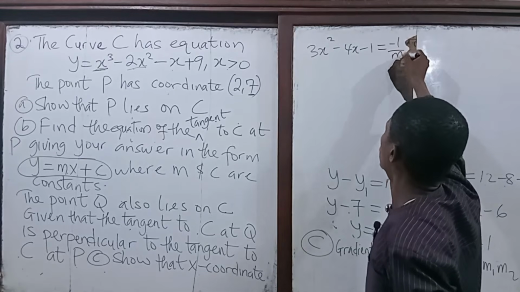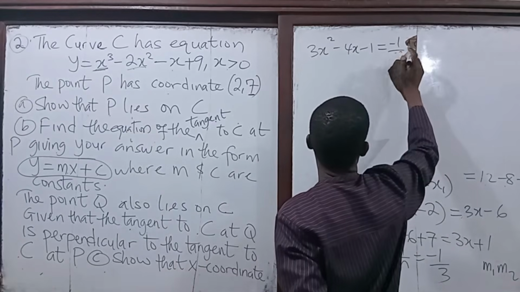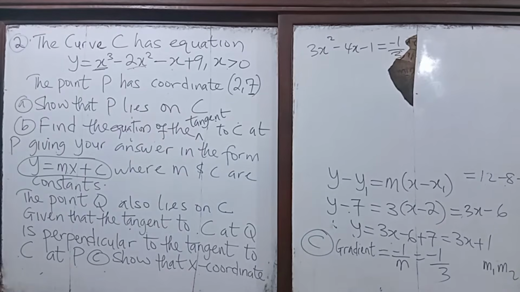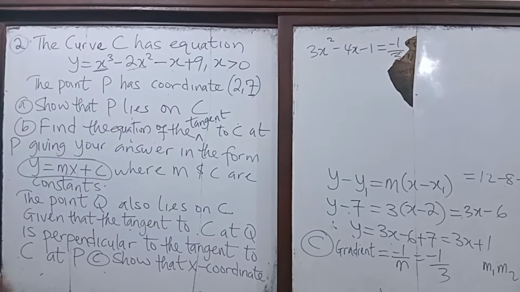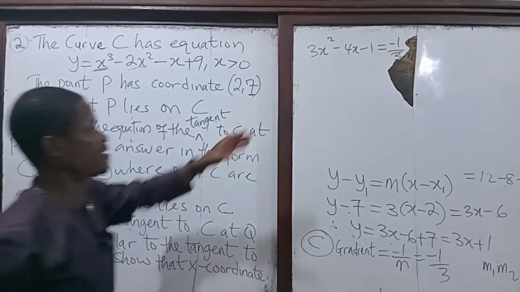To the slope of the normal, which is -1/3. We put that together. You put the equations of the normal to the tangents at P, and that will give us this.